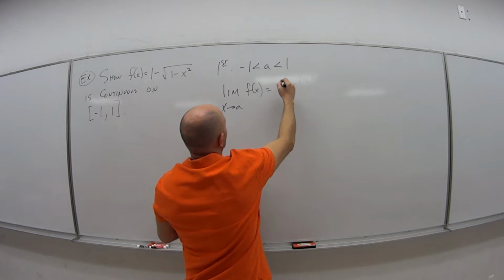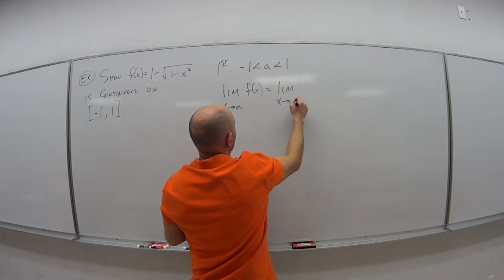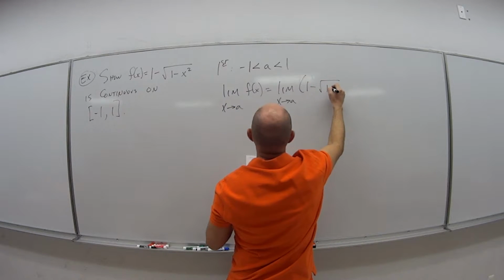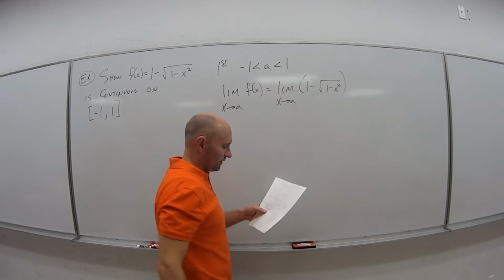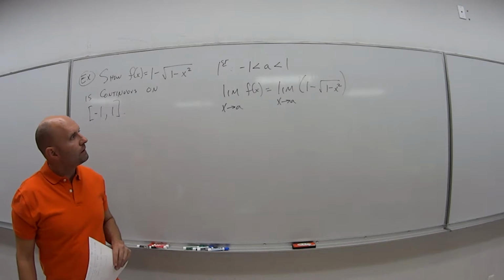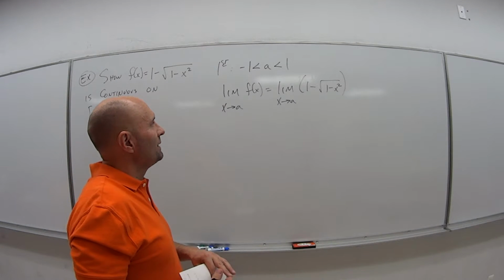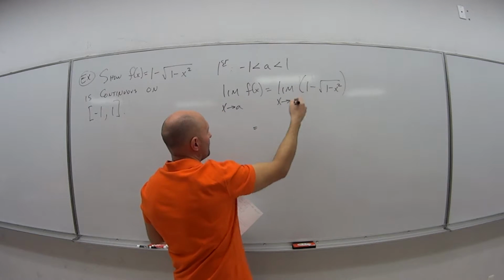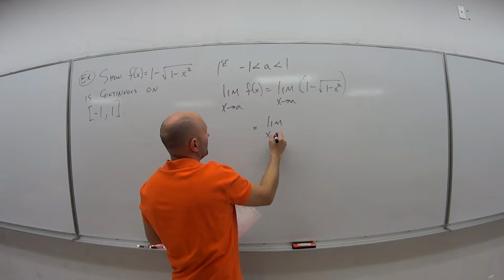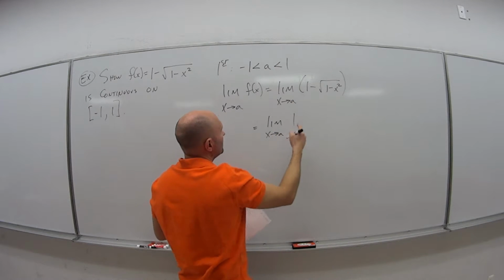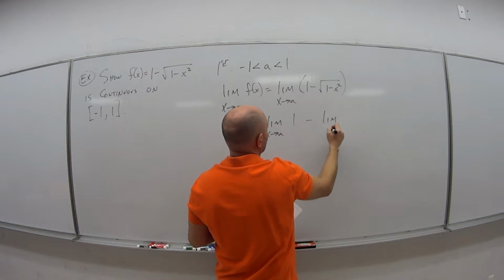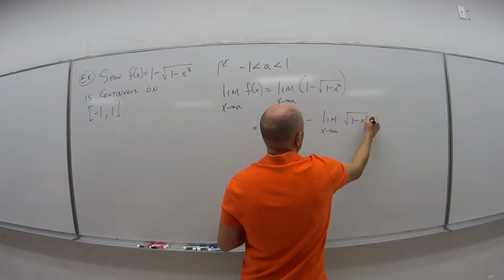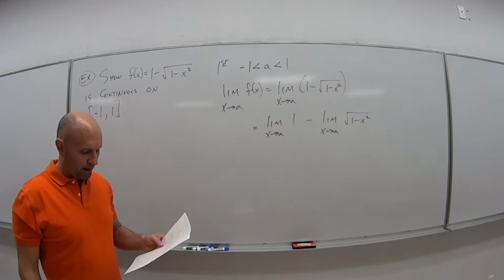So this means we're looking for the limit as x approaches a, and our function is what? It's 1 minus the square root of 1 minus x squared. So now here's where we're going to use our limit laws. We're going to break this guy apart. So this is the same thing as what? The limit as x approaches a of 1 minus the limit as x approaches a of the square root of 1 minus x squared.